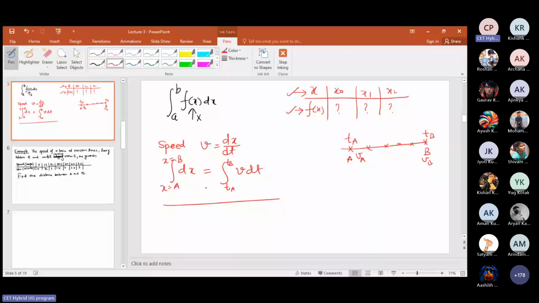So what is this giving? This integral, left hand side, is the distance between A and B, और वही हमें निकालना है। इसका मतलब यही चीज हमको फाइंड करनी है। So we should find out the integral v dt. Now you know integral v dt.